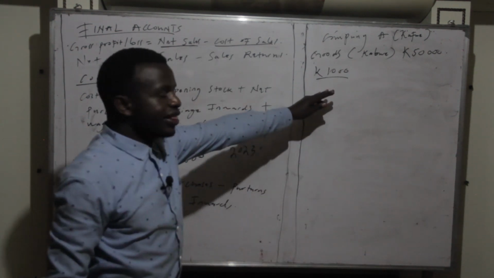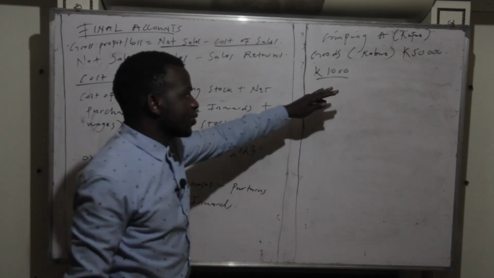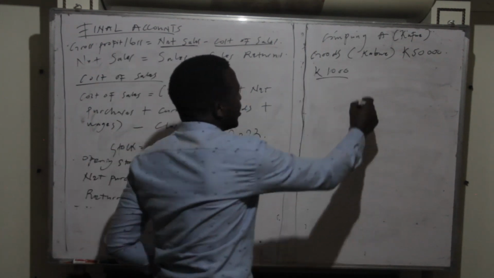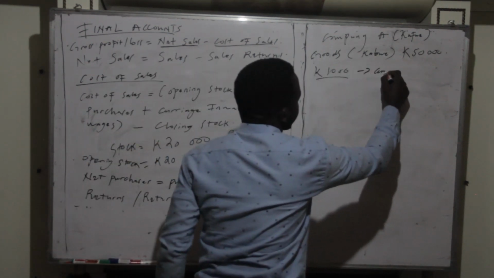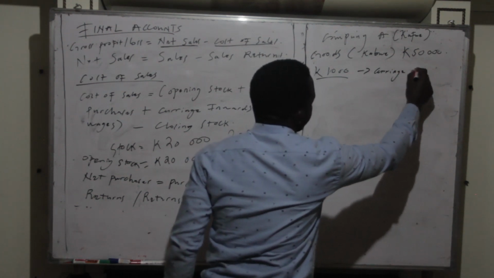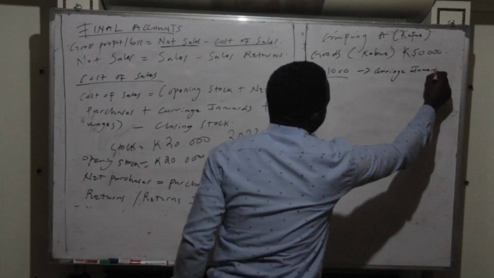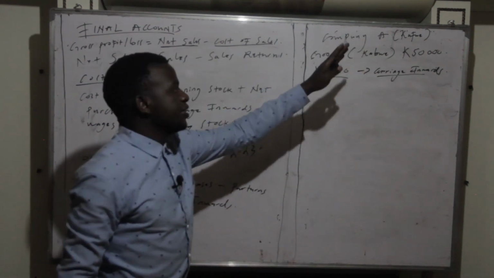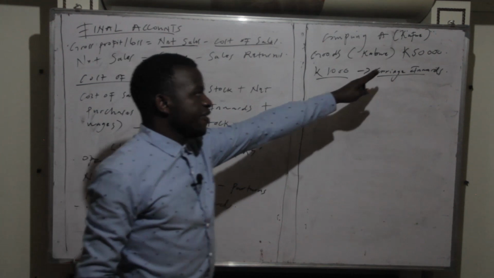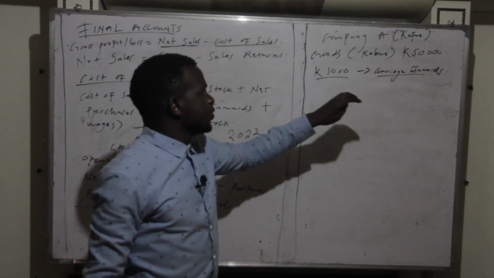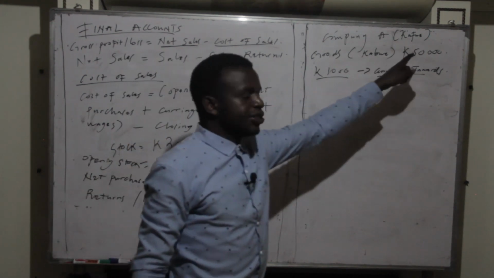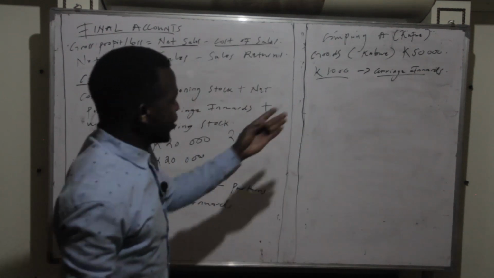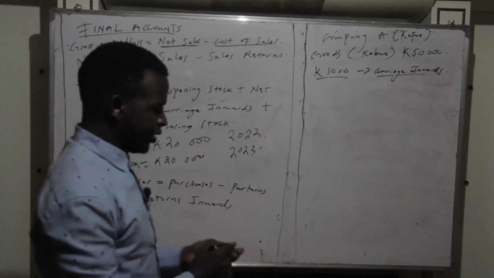That means that 1,000 is the amount of money that is used on transportation, and this is going to be referred to as carriage inwards. And this money is going to be spent by company A in transporting goods worth 50,000. So this 1,000 has to be added to purchases. So that's the term carriage inwards.